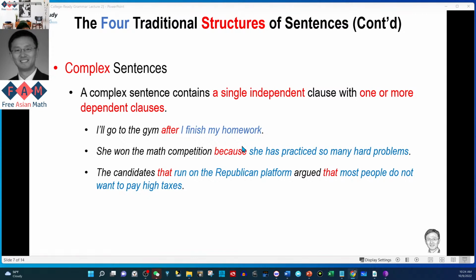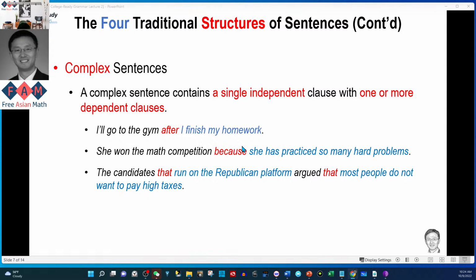So what is this "after"? This is a subordinate conjunction. Okay, unlike the "and" or "but," also called coordinate conjunctions, this "after" is a subordinate conjunction. And this is an adverb. Okay, so we will learn all those concepts later.